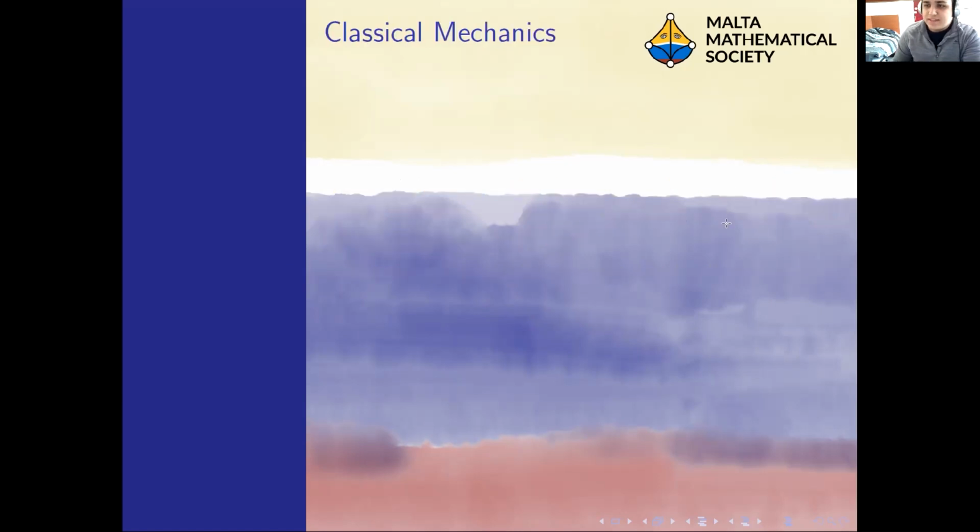And that brings us on to some examples. Classical mechanics, I'm sure many people are familiar with. It's basically the mechanics of how things move. Given a particular setup, how would we describe the motion of the physical objects? For example, as I said before, for a particle here, what path in space will it take if I let go of it?